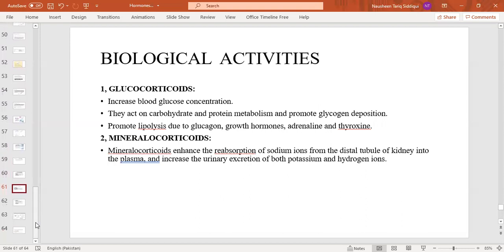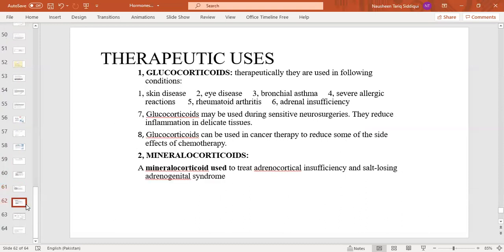They act on carbohydrate and protein metabolism, and promote glycogen deposition, while promoting lipolysis due to glucagon, growth hormone, adrenaline, and thyroxine. While mineralocorticoids enhance the reabsorption of sodium ions from the distal tubule of the kidney into the plasma and increase the urinary excretion of both potassium and hydrogen ions.